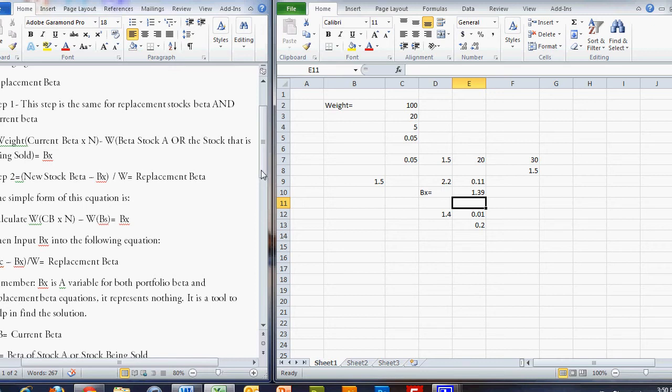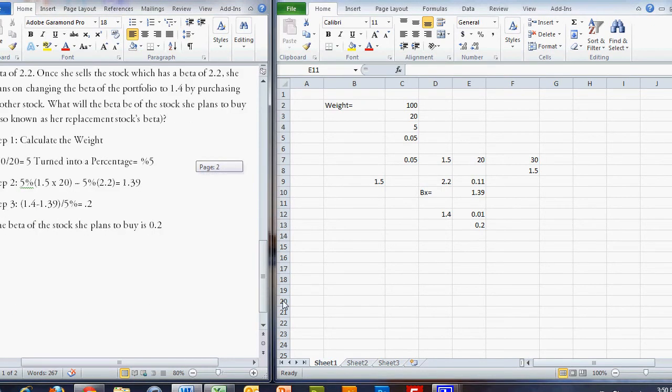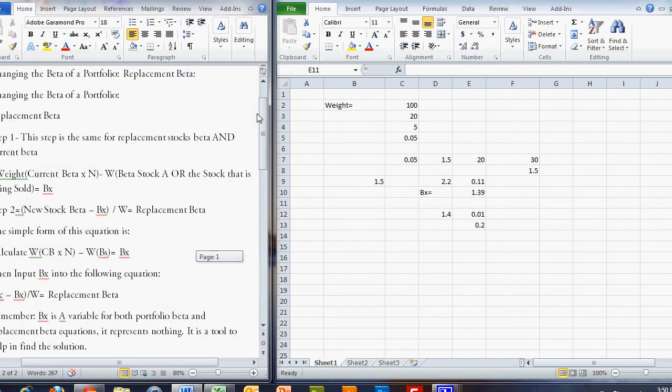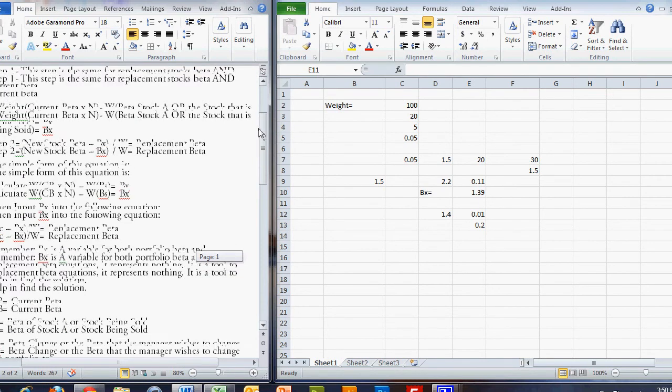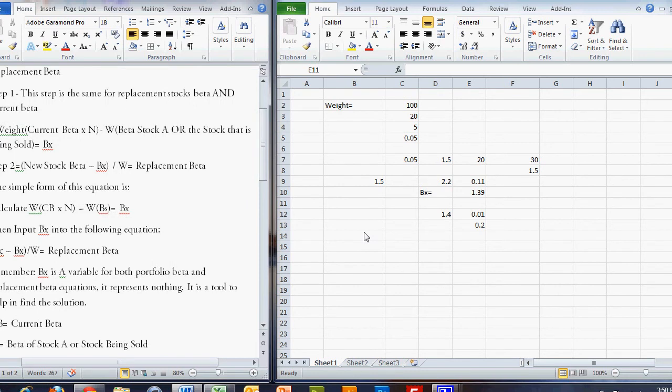Now you're on step 3, which is, let's go back up here, your new stock beta, which equals 1.4, or the beta that you're attempting to change the portfolio to, minus BX. Now BX is your intermediary. We found that it was 1.39.